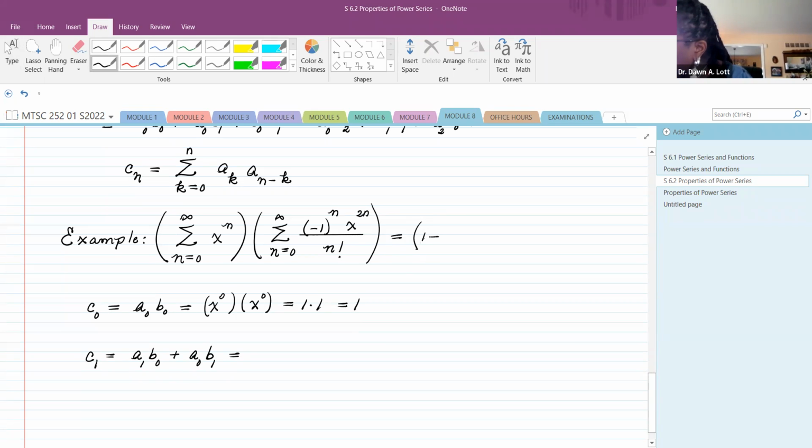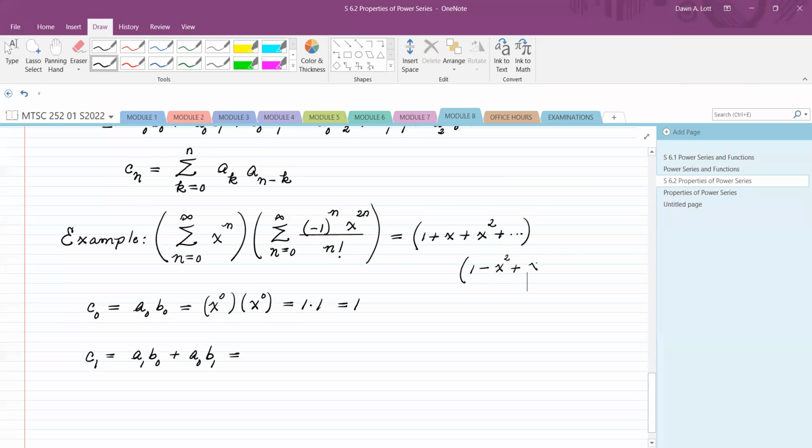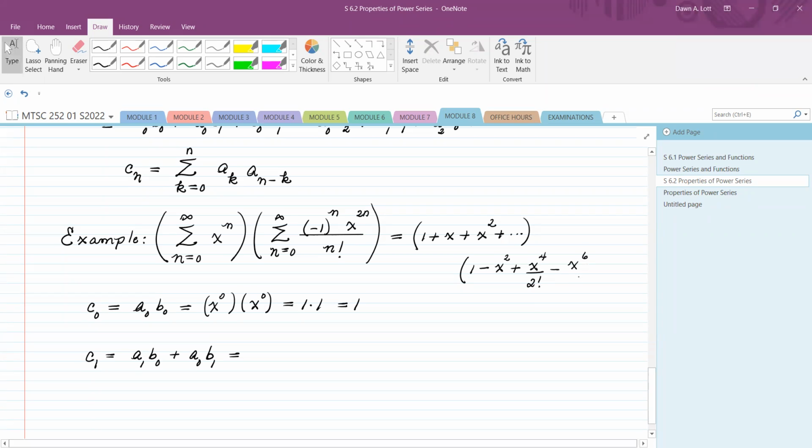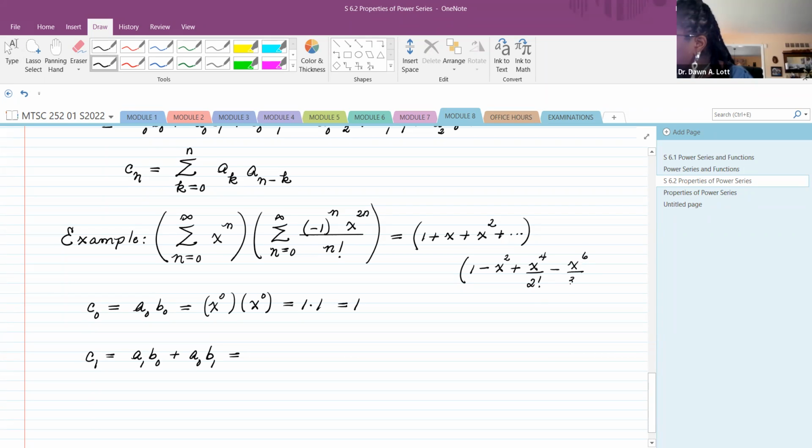We have 1 plus x squared plus dot, dot, dot, and that is multiplied by 1 minus x squared plus x fourth over 2 factorial minus x to the 6 over 3 factorial plus dot, dot, dot.